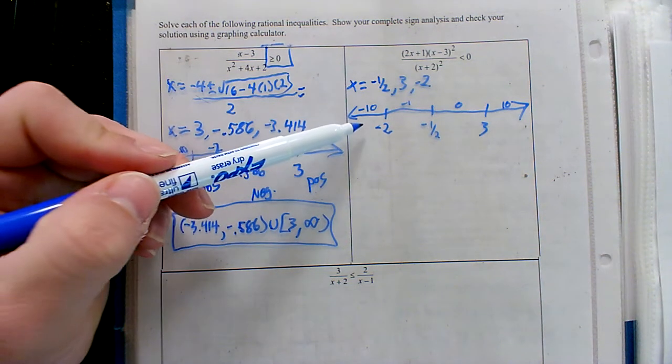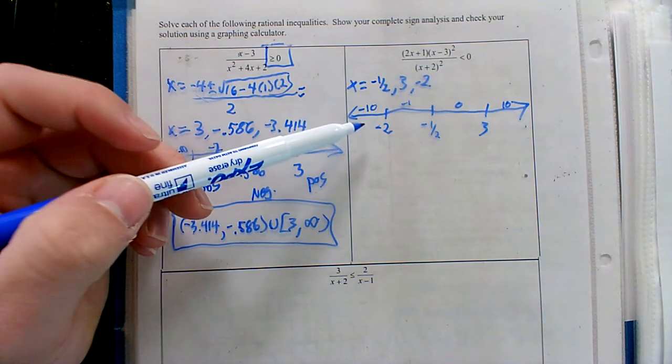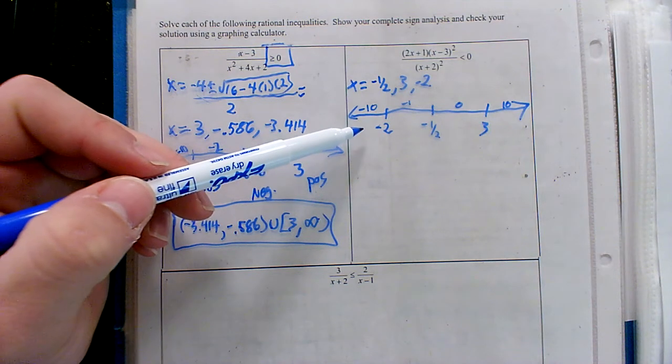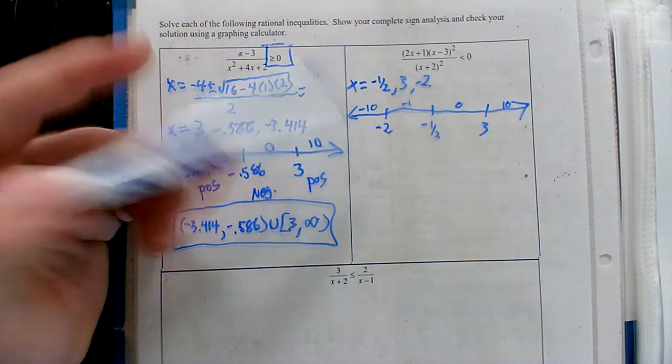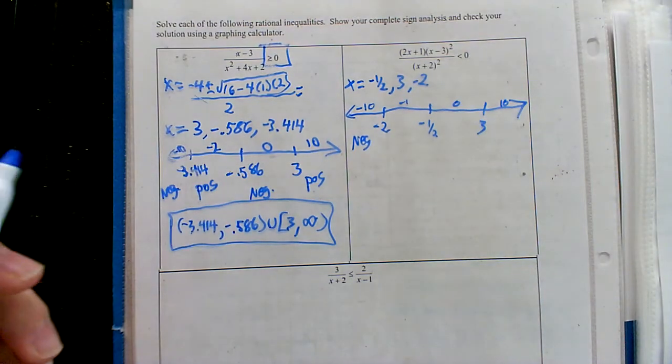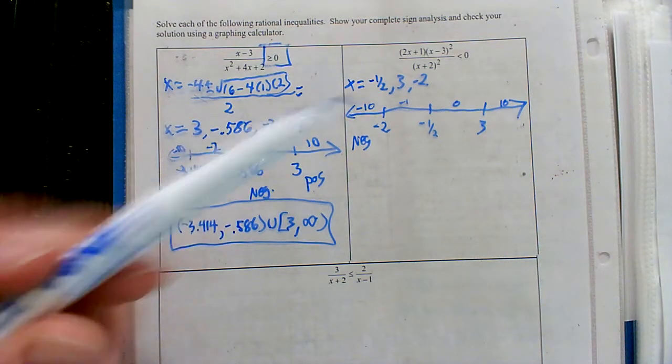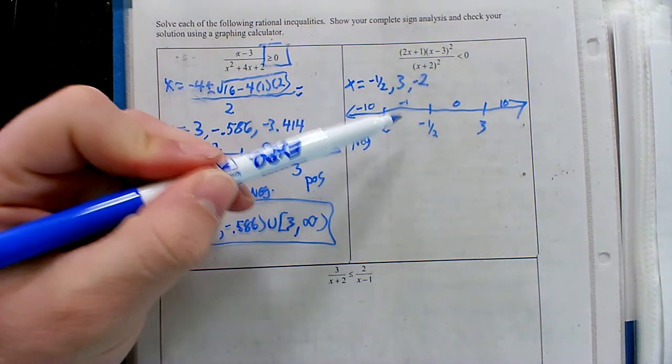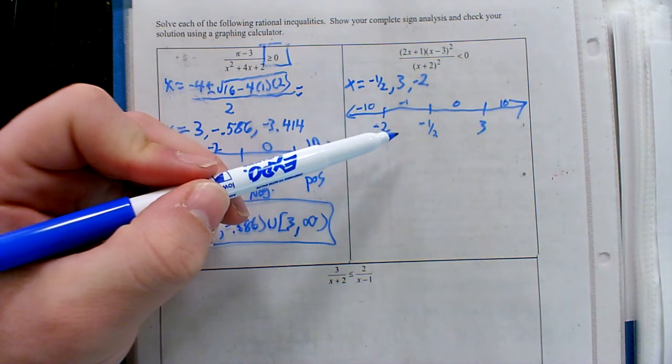Alright, in the first interval, like I said, I plugged in negative 10. Do we get negative answers or positive answers, Marie? Negative. Does anybody need to go through that example? If you do, don't be afraid to yell. We'll go back through it. The second interval, negative or positive?